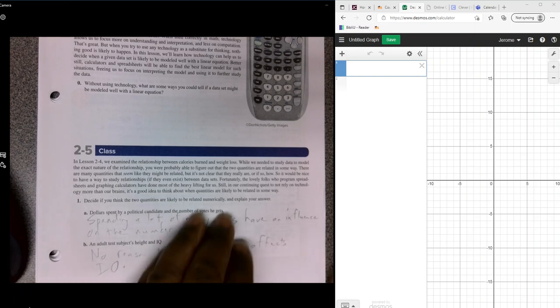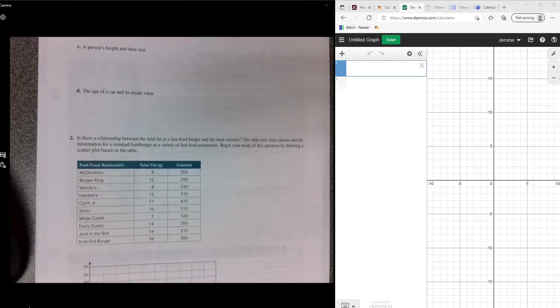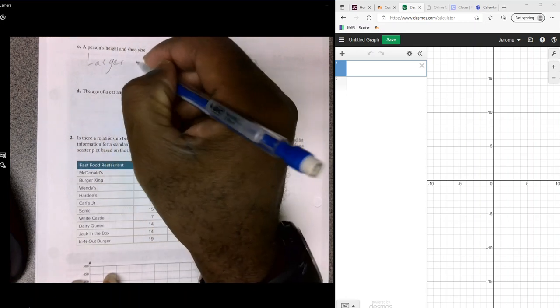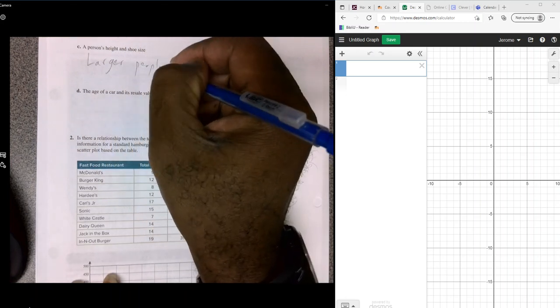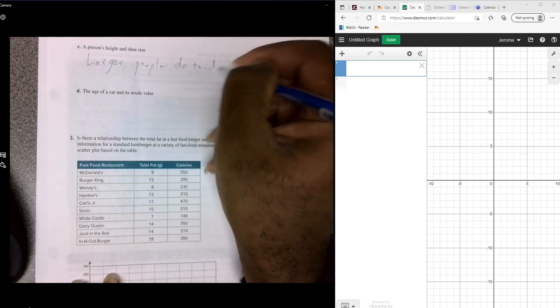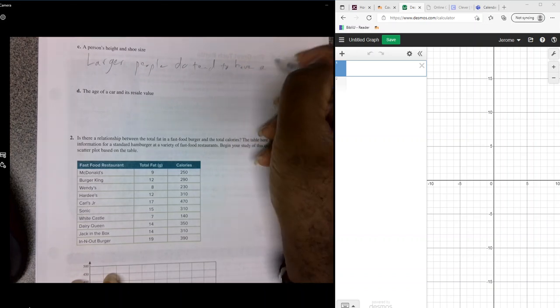Okay, now we go to the next page. We have C, a person's height and shoe size. Okay, larger people do tend to have a larger shoe size.